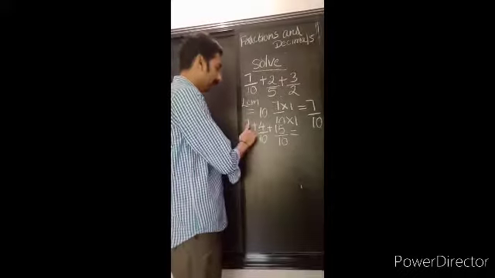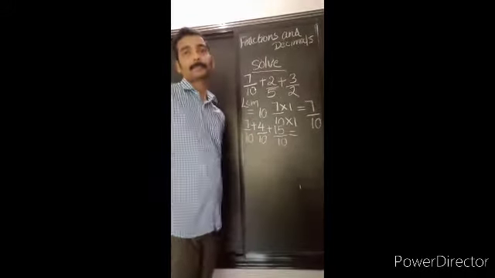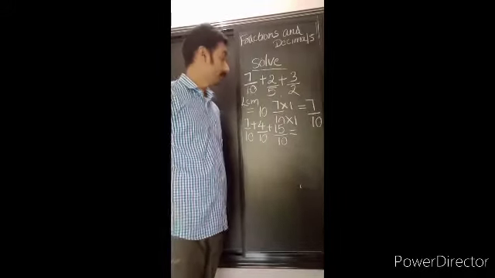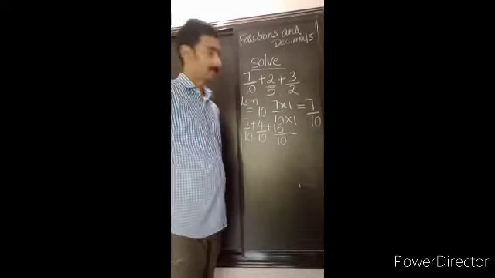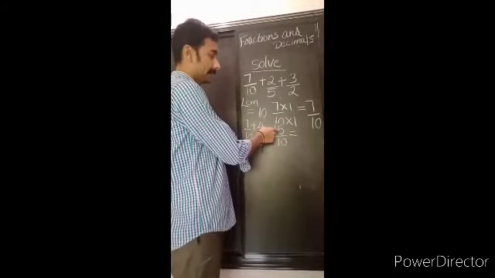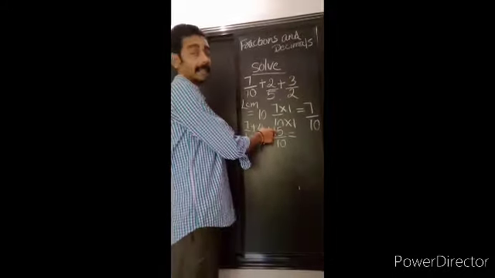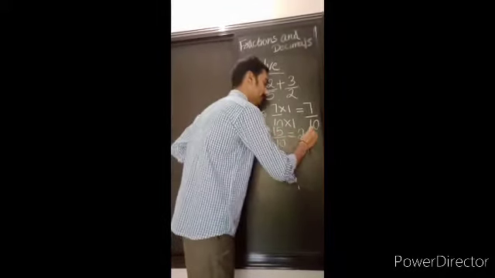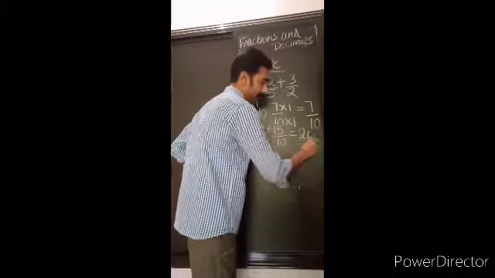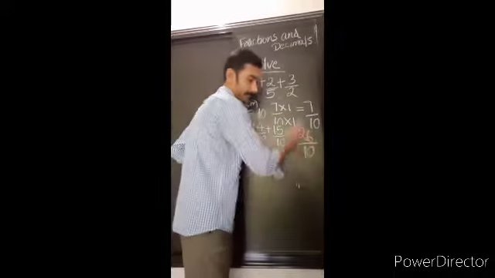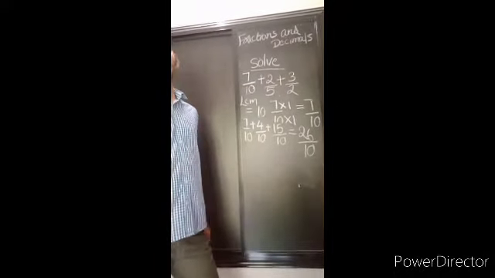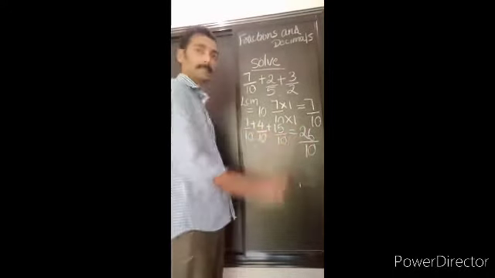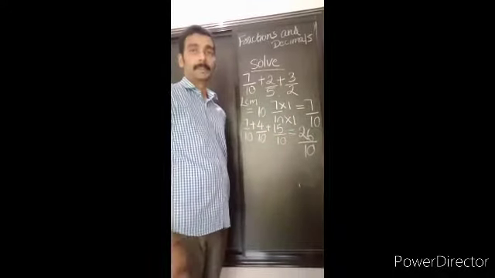Then we add 7 plus 4, 11. 11 plus 15, that is 26. 26 by 10. This is the answer.